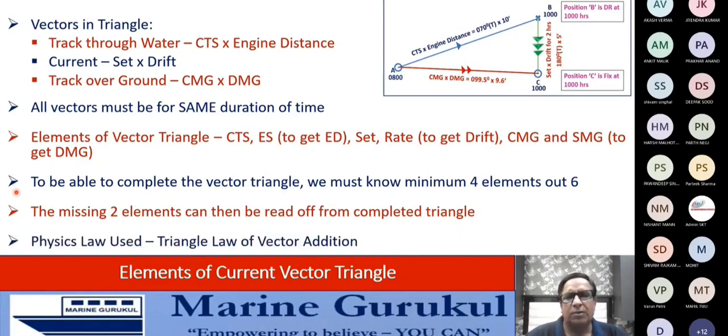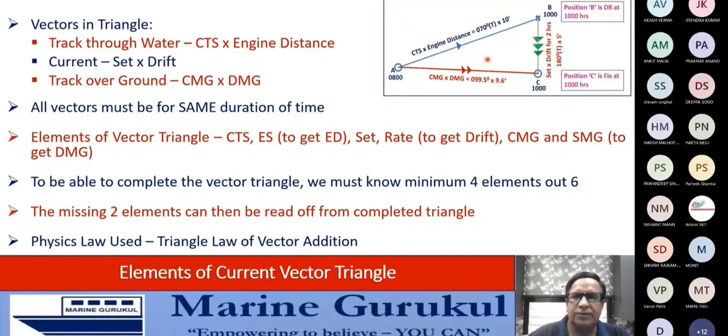What is the physics law used in this vector triangle? The physics law used in this vector triangle is the triangle law of vector addition, which states that if 2 sides of a triangle taken in the same order or same direction represent 2 vectors, then the third side of the triangle taken in the opposite direction represents the resultant of the 2.